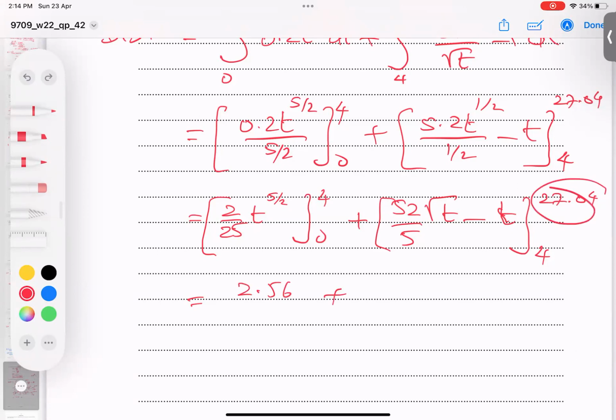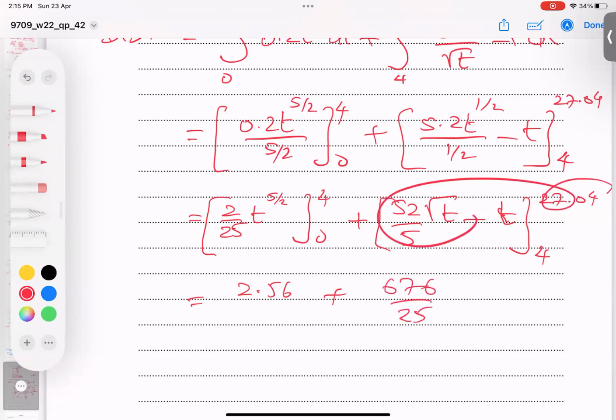Then I plug in the upper value 27.04 here: 52 divided by 5 times 2 root of 27.04, minus 27.04. So my first answer is 676 over 25.